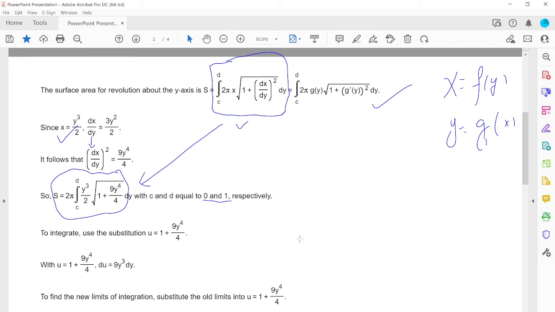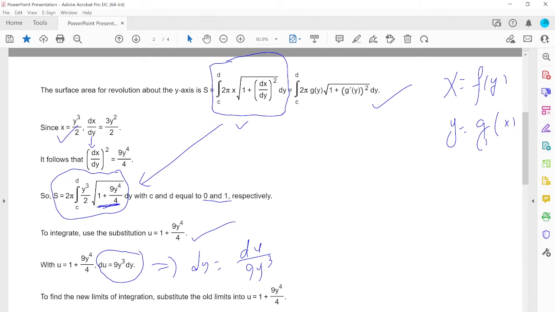Let's say u equals 1 plus 9y to the power 4 over 4. This is the substitution we're making. If u is this, then the derivative of u is 9 times 4 times y cubed over 4, which is 9y cubed. So dy would be du over 9y cubed.